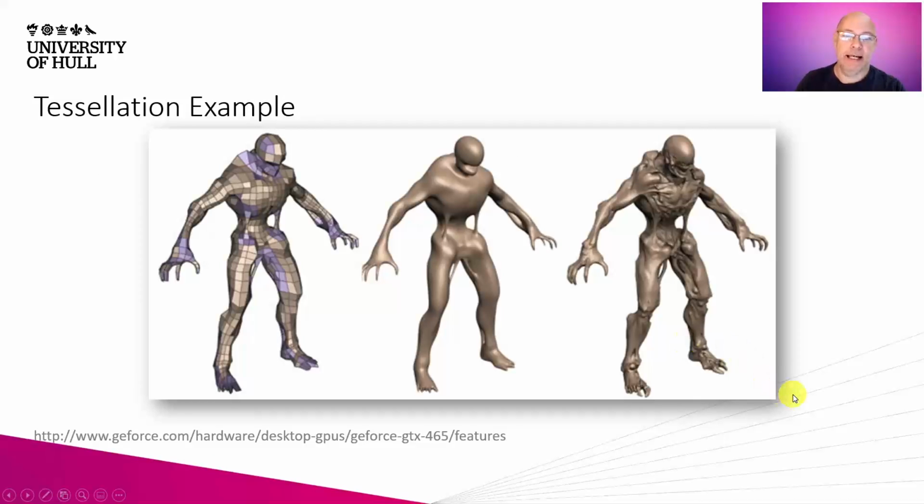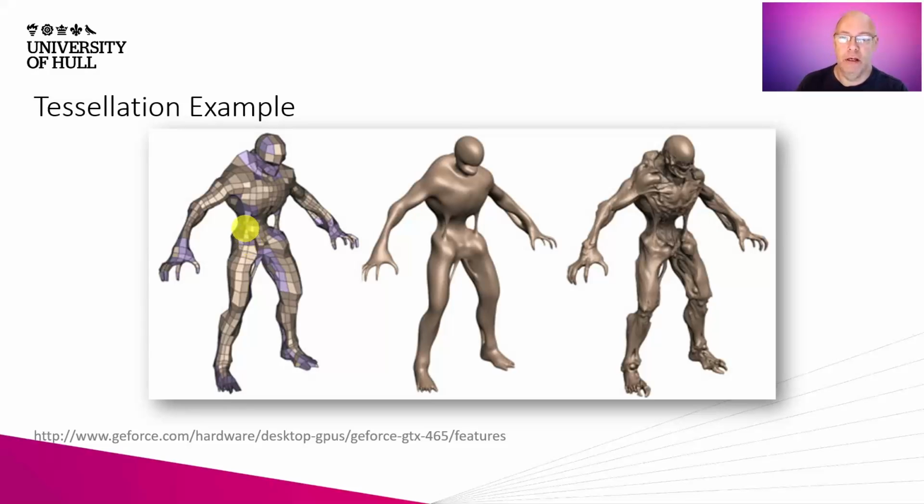The other thing the tessellator can do is vary the amount of tessellation happening. So what I would do is get a 3D artist to create this handsome chap on the right here. And what would actually be outputted by their graphics software is this thing: a very low resolution poly model with lots of displacement maps and lots of information.